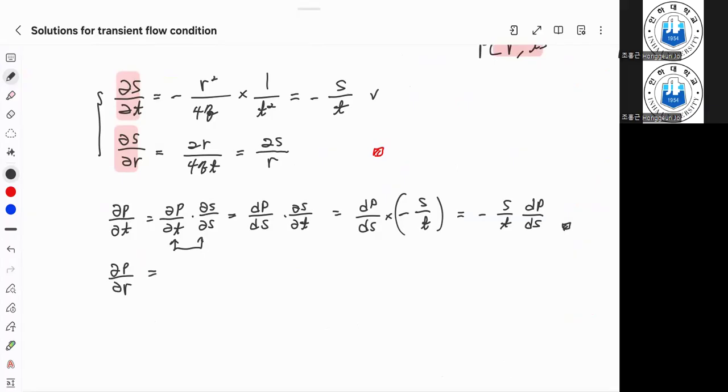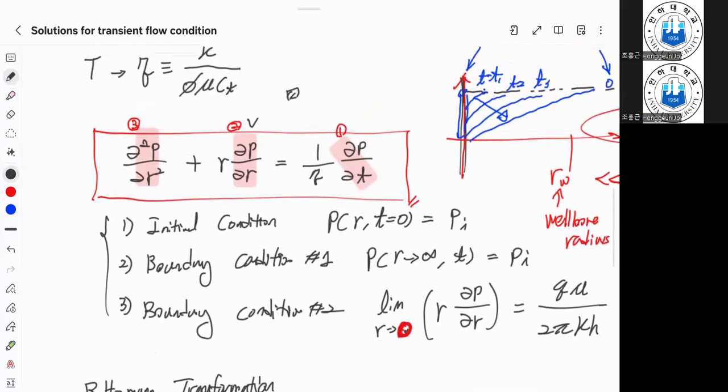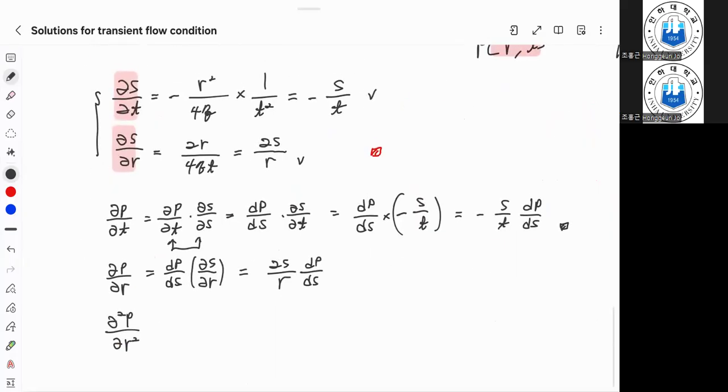Again, we make it dP/ds times partial s over partial r, and we know partial s over partial r is equal to this, so it will be dP/ds times 2s over r. Lastly, we also need a second-order derivative to get this part. So if I may continue, again, we apply the chain rule here.